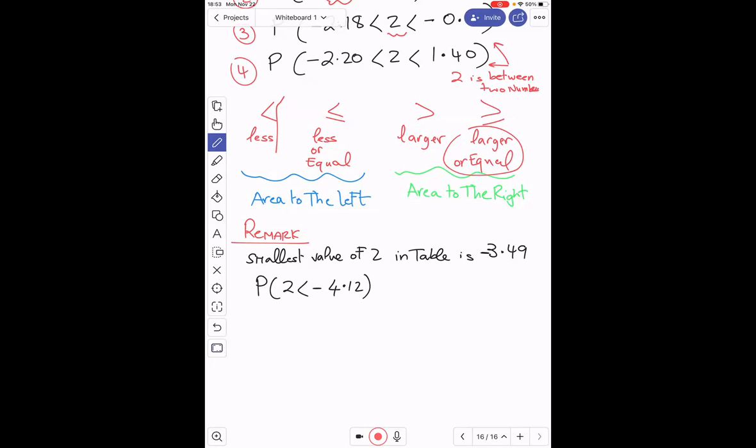On your number line, this is negative 3.49, and here is negative 4.12, and you have your standard normal distribution, something like this here.